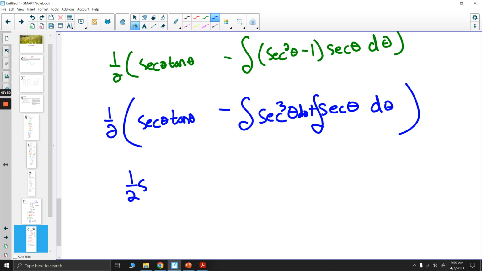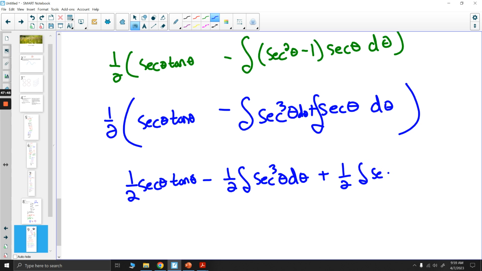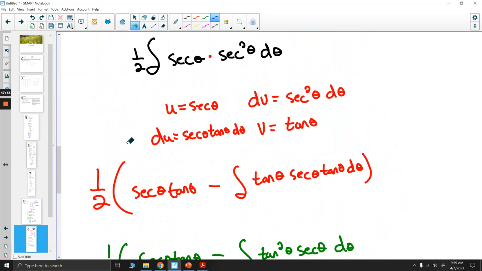That's 1/2 secant theta tangent theta minus 1/2 times the integral of secant cubed theta d theta plus 1/2 times the integral of secant theta d theta. And keep in mind, this is all equal to the integral of what we were starting with here.